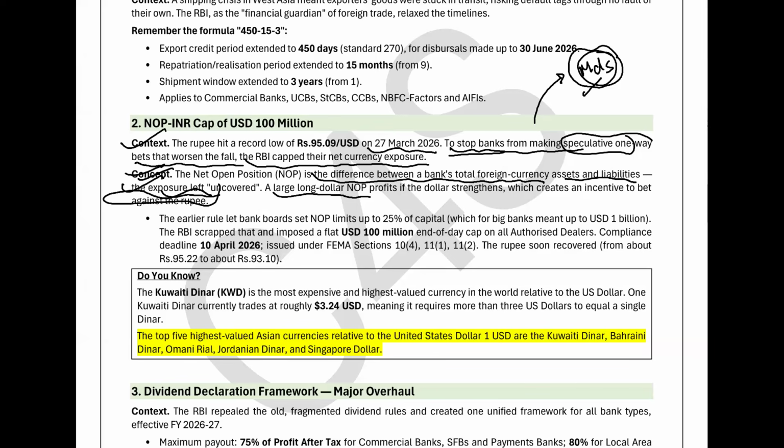The earlier rule let bank boards set NOP limits at 25% of capital, which for big banks meant up to USD 1 billion. ठीक है? The RBI scrapped that and imposed a flat, कितना कर दिया? USD 100 million cap on all authorized dealers.